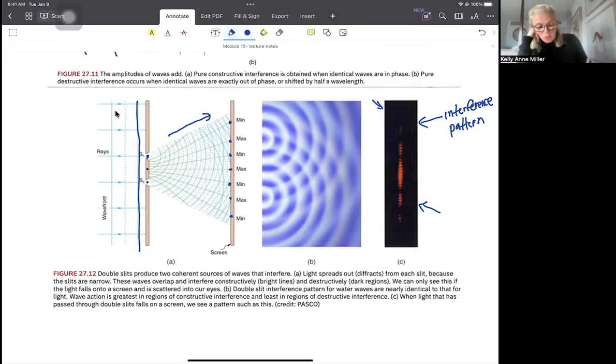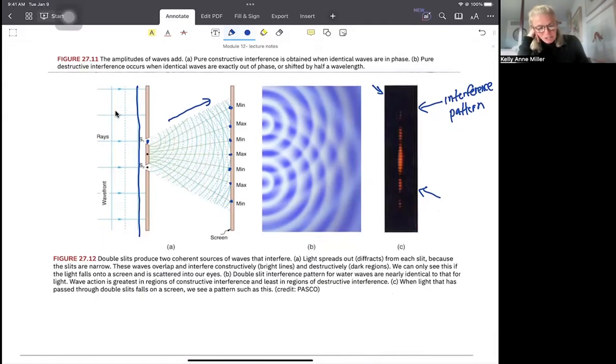Think of it as two waves traveling slightly different distances because they bend, and that difference in distance allows them to add up either constructively or destructively or somewhere in between. That's basically what this picture is showing.